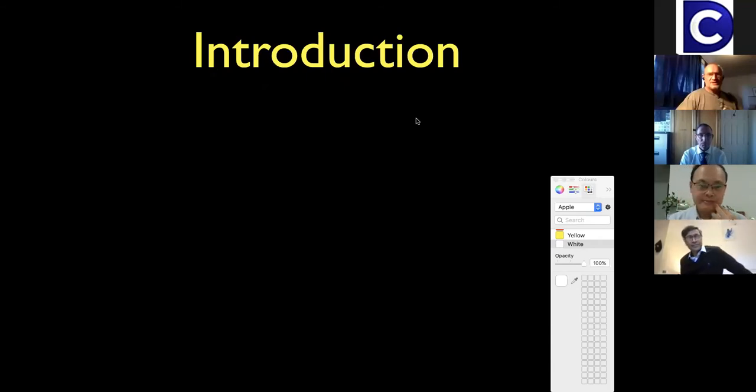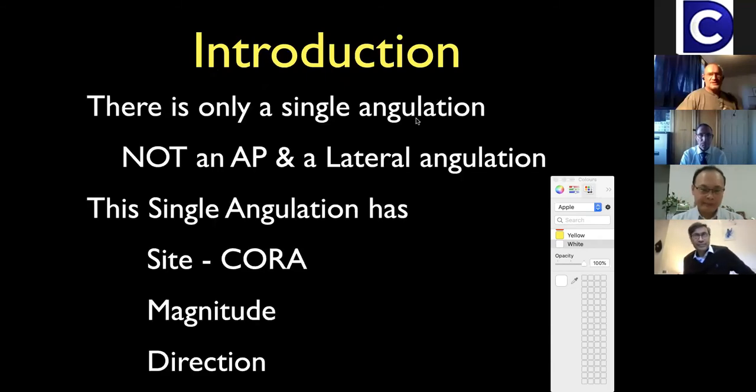So this is a sort of a summation of what Professor Zhang has just said. There is not an AP and a lateral angulation. There is one angulation that lies in an oblique plane, and therefore, because of an angulation, it has a site and it has a magnitude and it has a direction. And there is only one deformity. If there is a single angular deformity, it can be defined.